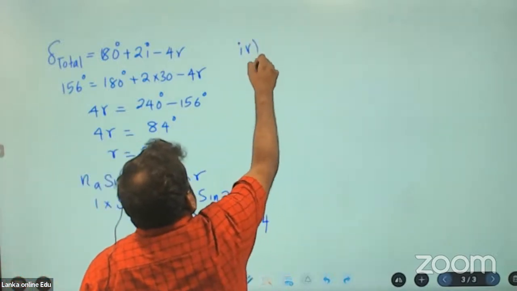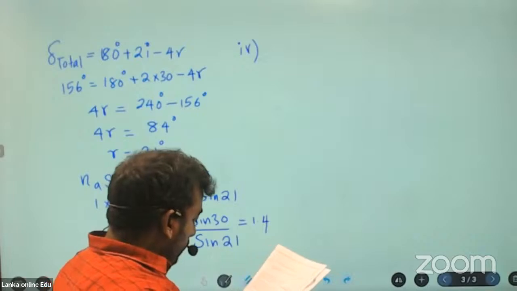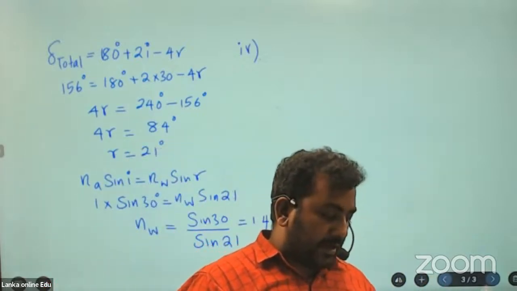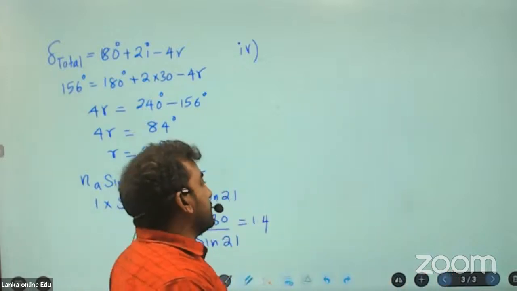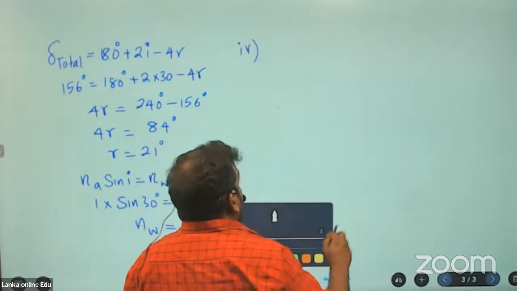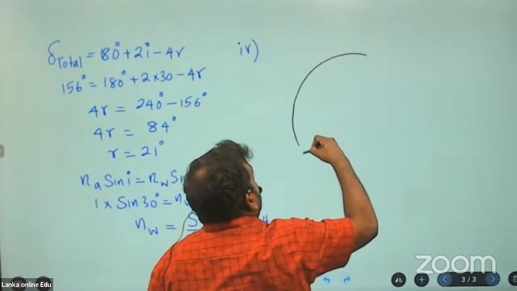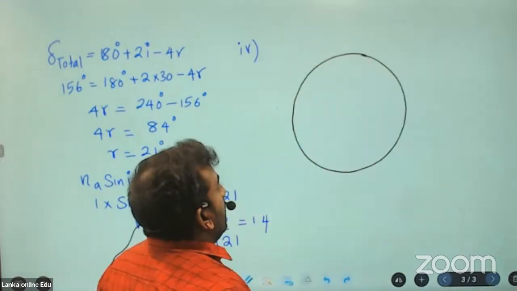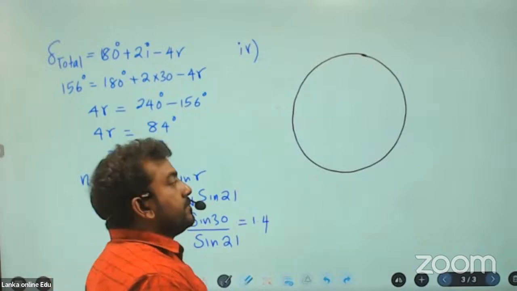Roman 4. Can the ray suffer total internal reflection on the opposite side? Justify your answer. So we must show that it can't suffer total internal reflection. Now look at this very carefully.